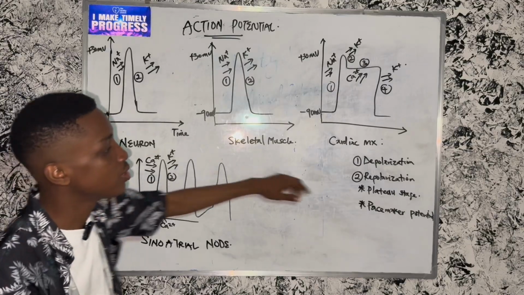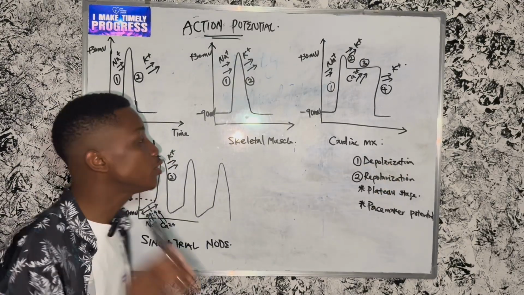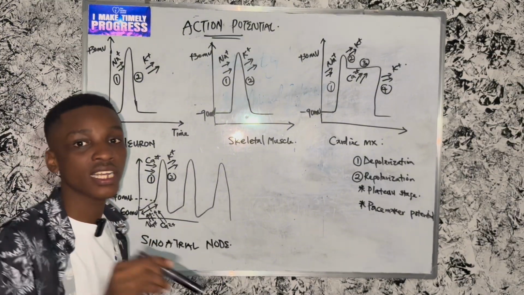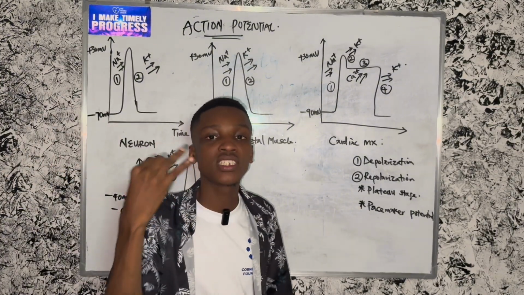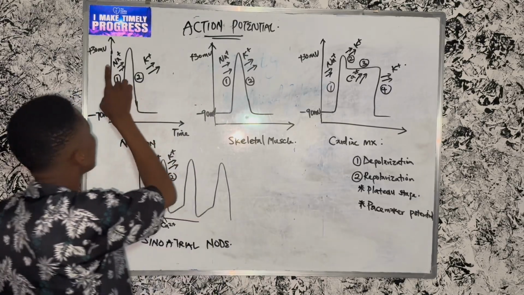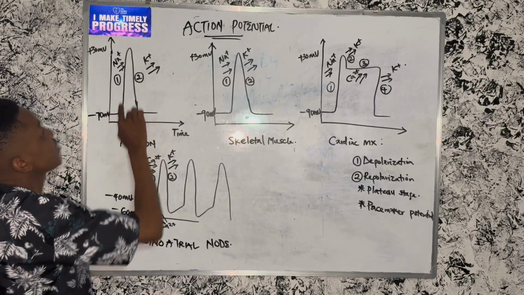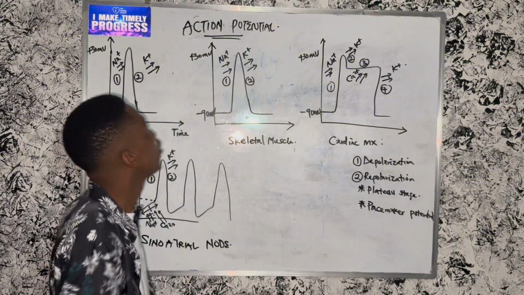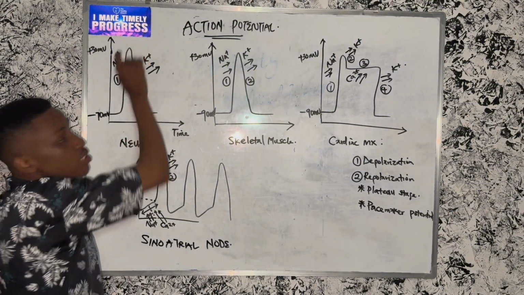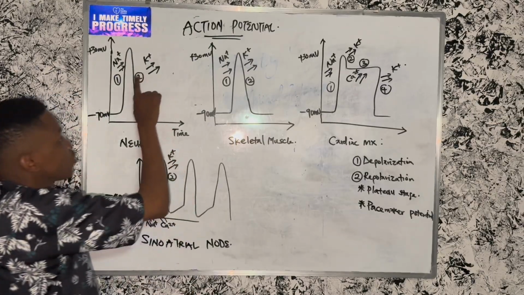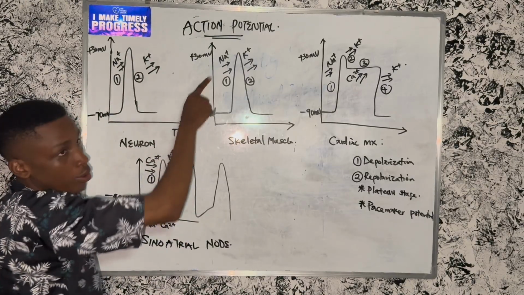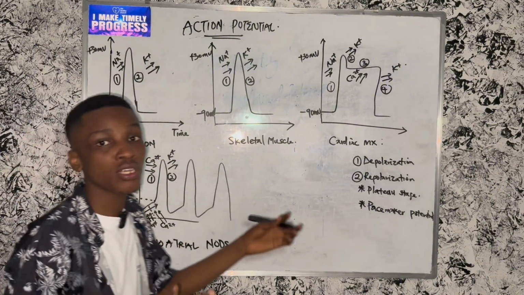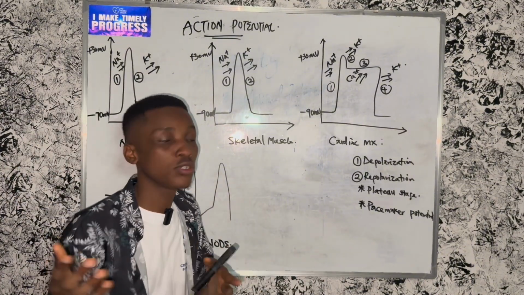This particular phase 1 is called depolarization, and it is due to opening of fast voltage gated sodium channels, which allow influx of sodium. After depolarization, phase 2 is called repolarization, where the sodium channels close and potassium channels open, allowing potassium ions to go out. So what's responsible for depolarization is influx of sodium due to opening of fast voltage gated sodium channels.